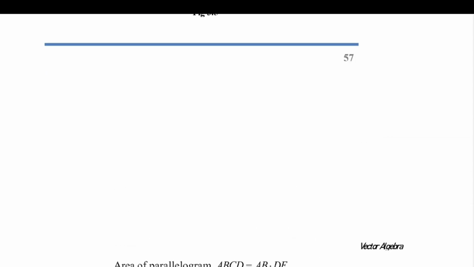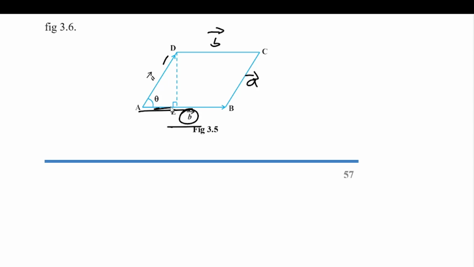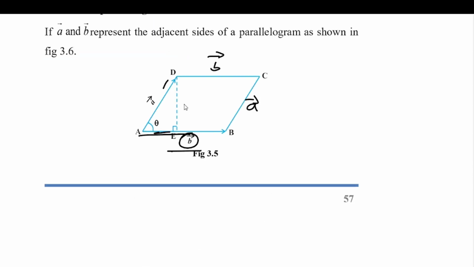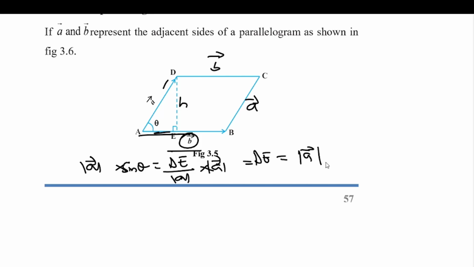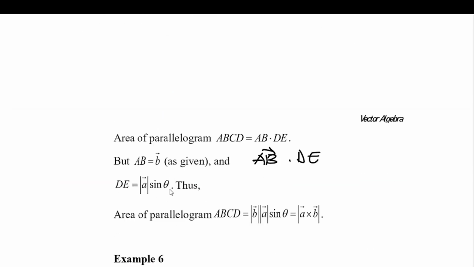But AB, from the diagram, is represented with the vector b, and then DE is also from the concept of Pythagoras theorem. DE, which is the height: sine theta is equal to DE on the magnitude of a, and therefore by magnitude of a, we will say that DE is equal to magnitude of a sine theta.